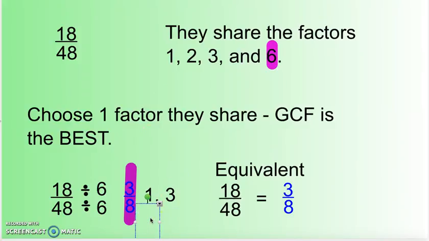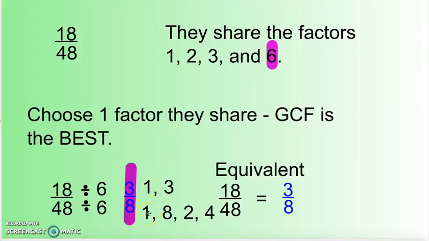And the only factors that I can use to get to 8 are 1 times 8 and 2 times 4. And if you notice, looking at these factors of these two numbers, I can see that the only number they share is 1.